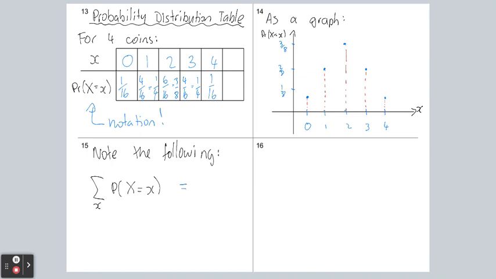This is a check of understanding. Sum means these ones here are added up. If I add up these probabilities here, what value should I get? Well done, Shaker. 1. Always. If your probability distribution table does not add up to 1, it means you've stuffed up somewhere and you should fix it.